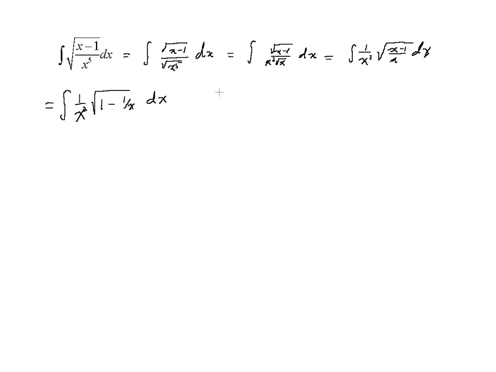So what I'm going to do is let u, as usual, be what's under the radical. So let u equal 1 minus 1 over x, and then du equals the derivative of 1, which is 0, and the derivative of negative 1 over x is positive 1 over x squared dx.